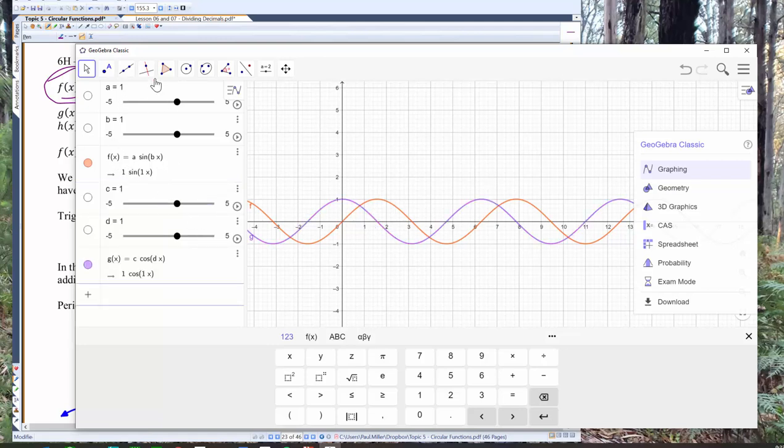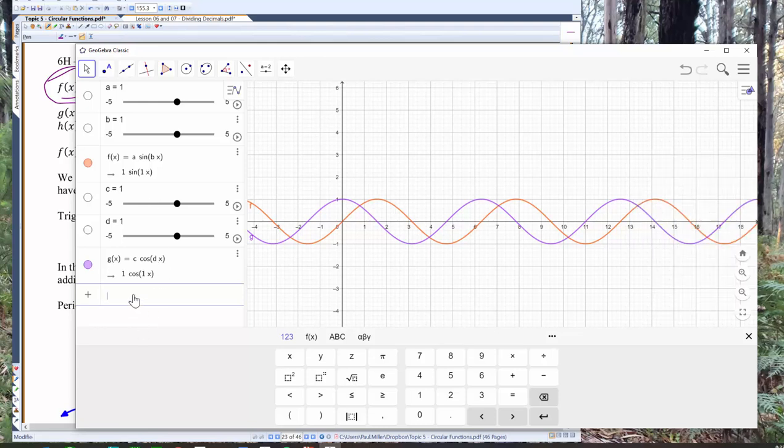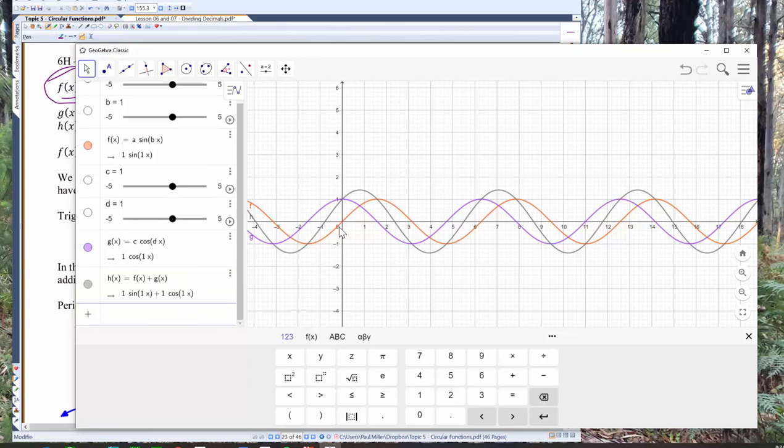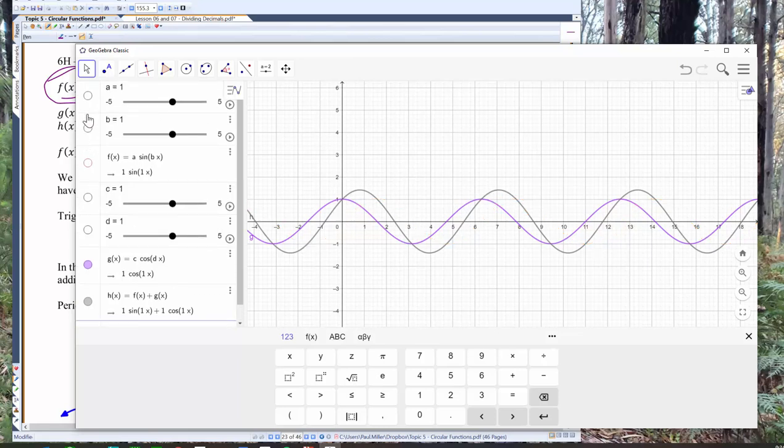So what I can do is play around with the amplitude and the period of these individual graphs. And what I'm going to do is get a resulting graph, which is h of x is equal to f of x plus g of x. We can subtract the ordinates as well, but we're doing addition of ordinates here, so we're just going to add them together. And this grey graph here is the result of adding the two of them together.